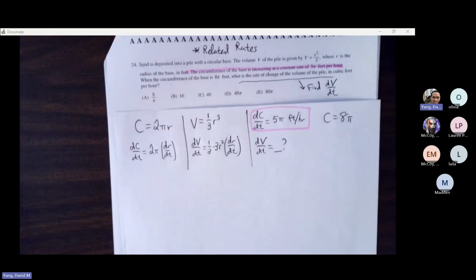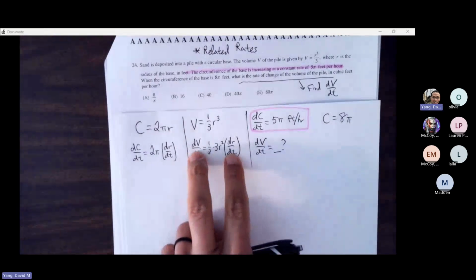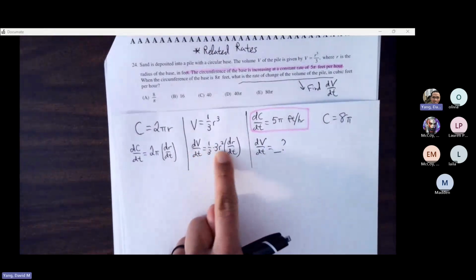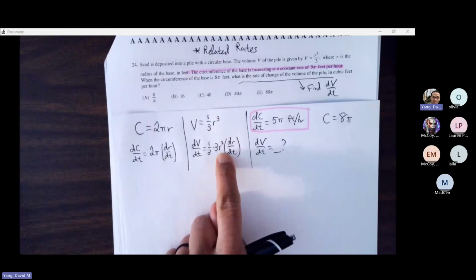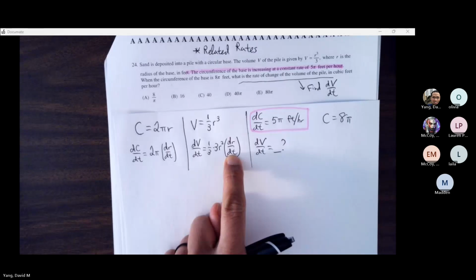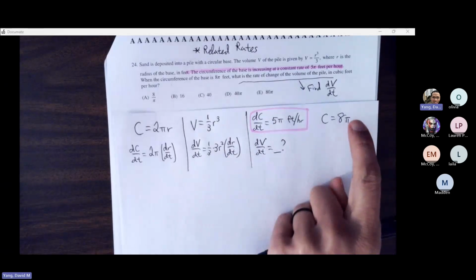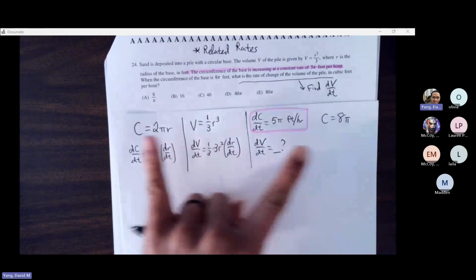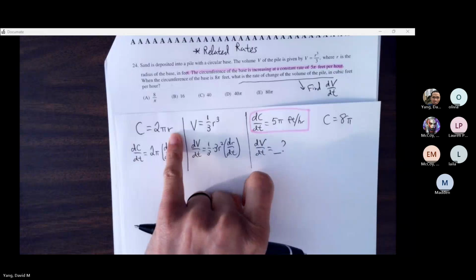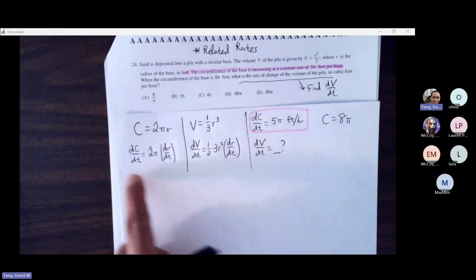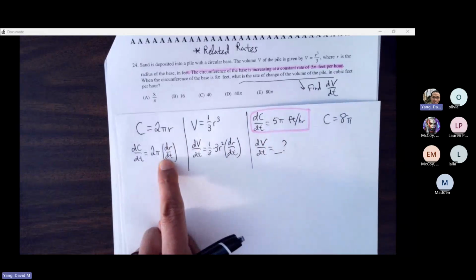Okay, so if I want to find dV dt, I have a formula for it. I just have to figure out two missing pieces, right? I need the r and I need the dr dt. Well, its circumference is 8 pi. I can use that to help me solve for r. And if I know dc dt is 5 pi, I can use that to help me solve for dr dt.